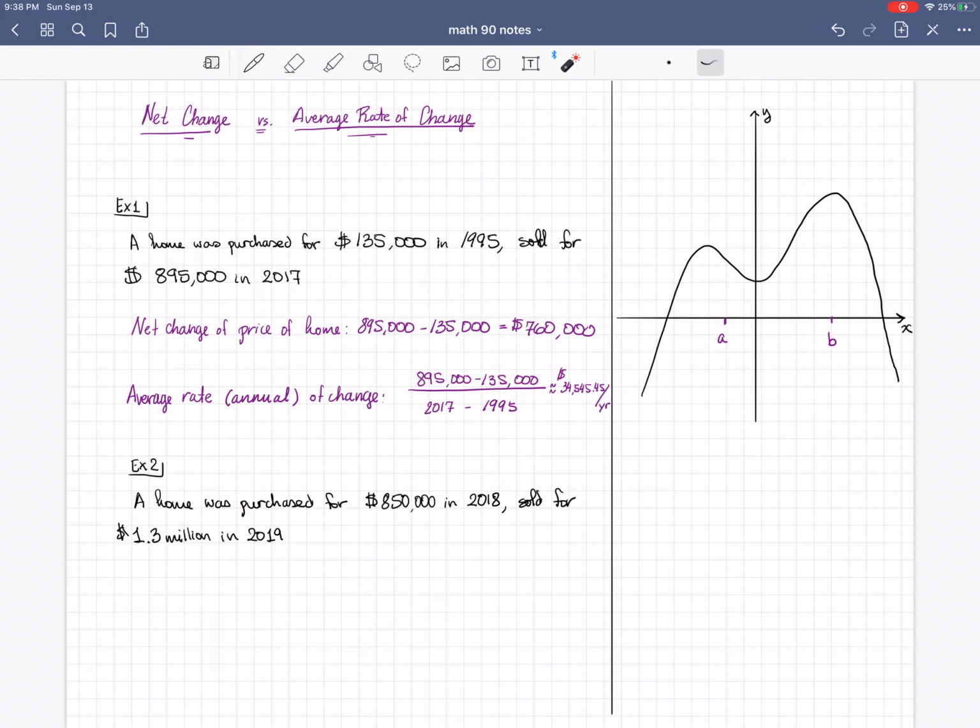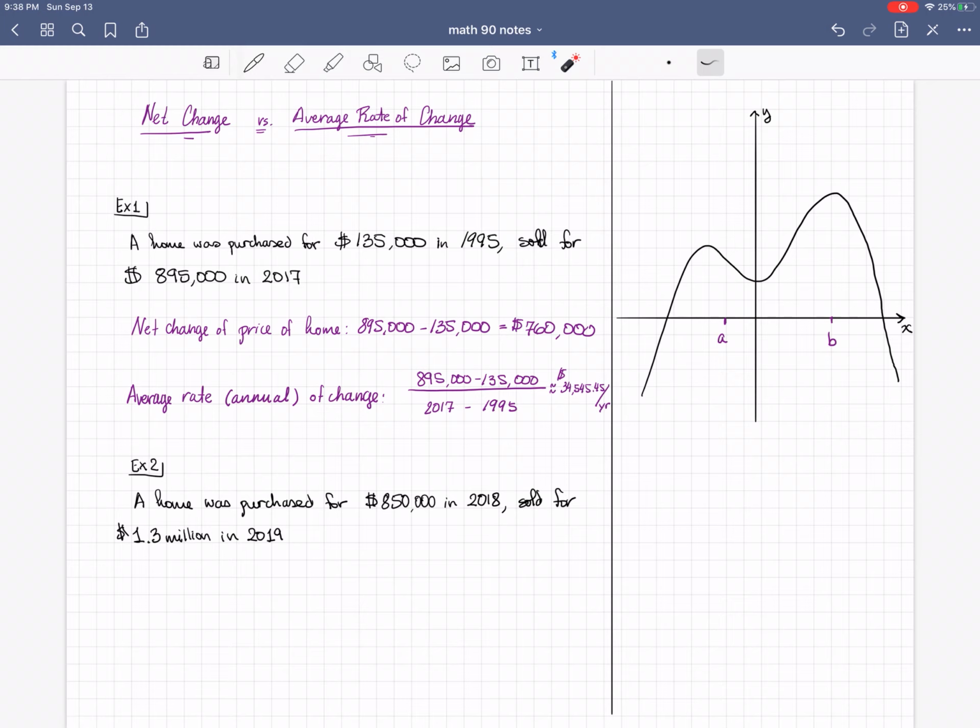The word average is really important here. I'm not saying anything about what happened between 1995 and 2017; I'm only talking about 1995 and 2017. You had the crash of 2008. There were all kinds of things that happened in those 22 years. It is entirely possible that the value of this home fluctuated tremendously before ending up at $895,000 the day it was sold.